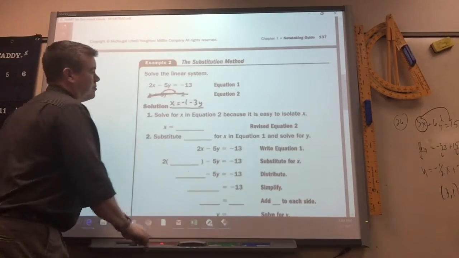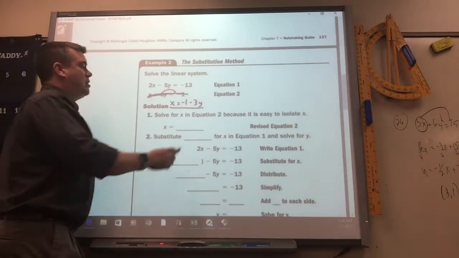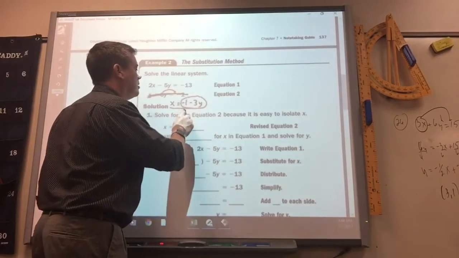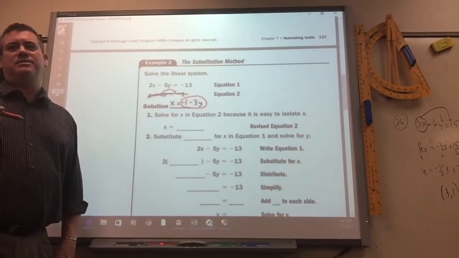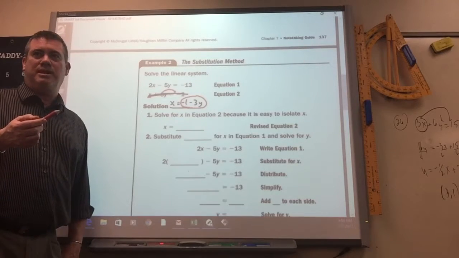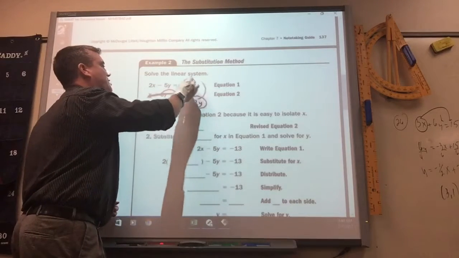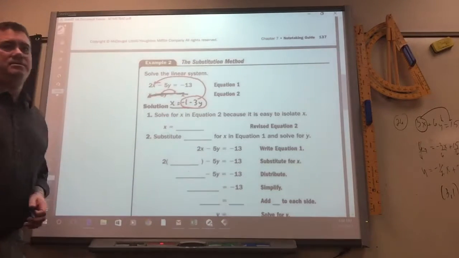So, now that I got the x by itself, you take what it's equal to and substitute it into the other equation for which letter? x. So I got to put this in place of that one right there.